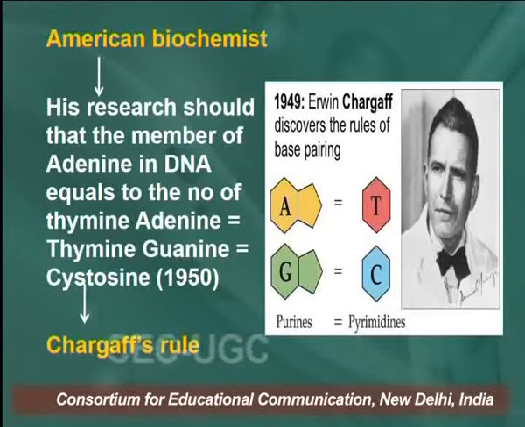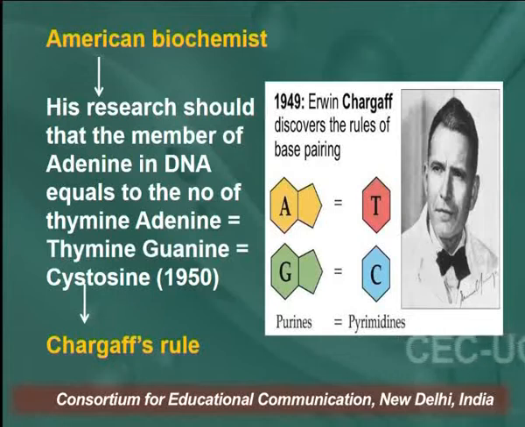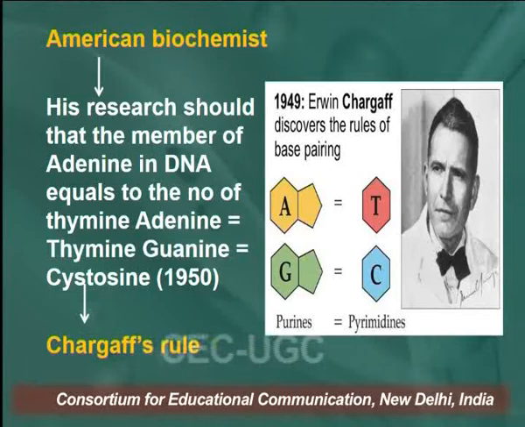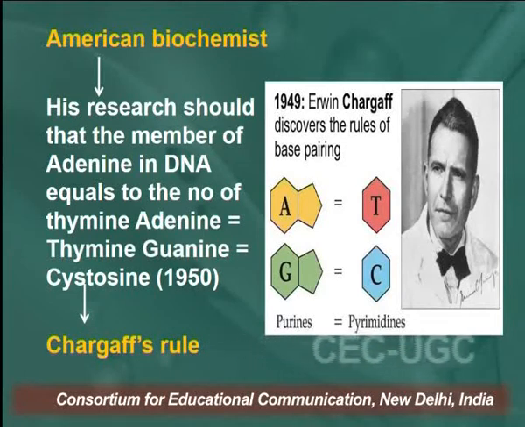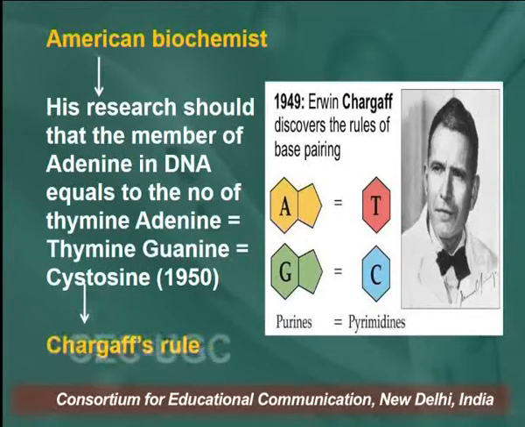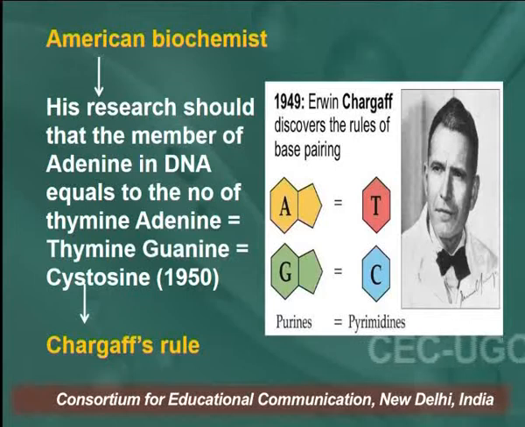Learners, as I told you, base pairing takes place in the double helical structure of DNA. On your screen you can see the American biochemist Erwin Chargaff. Erwin Chargaff proposed what are called Chargaff's rules.